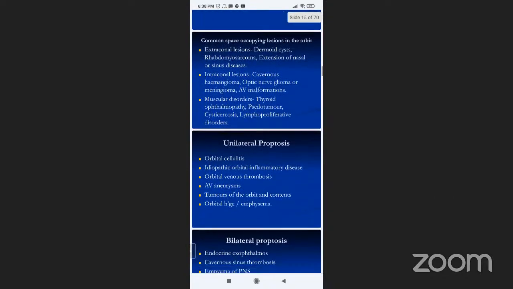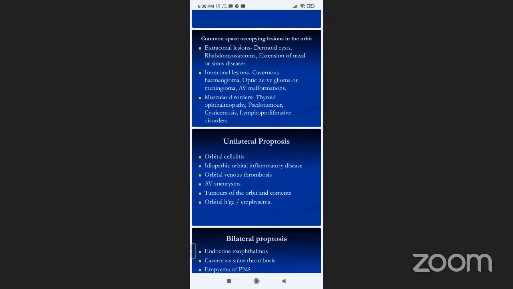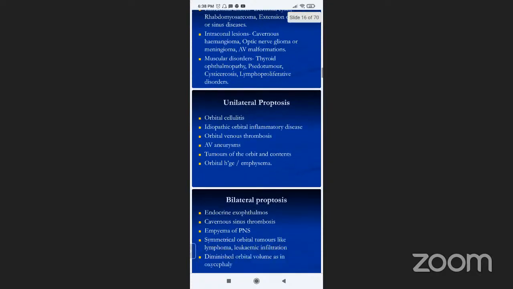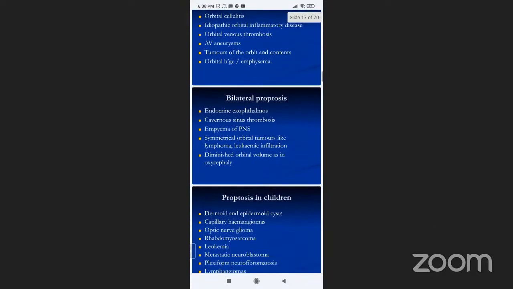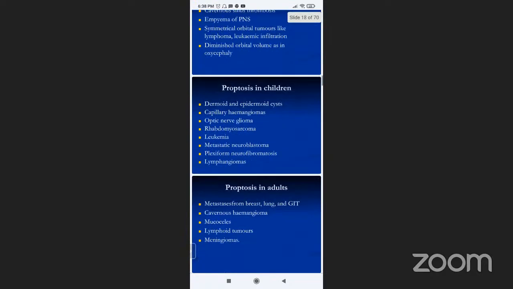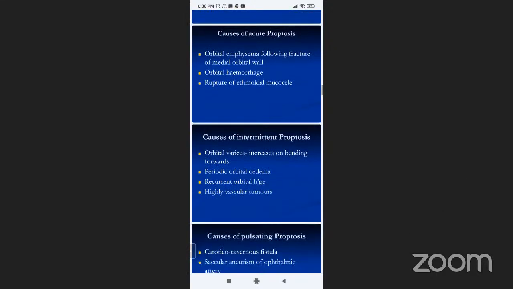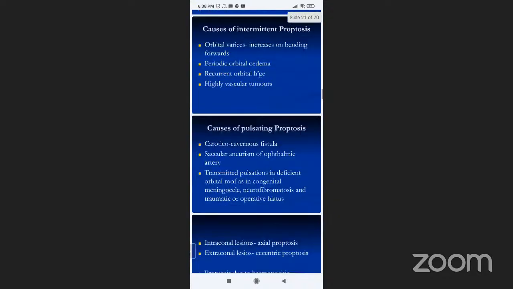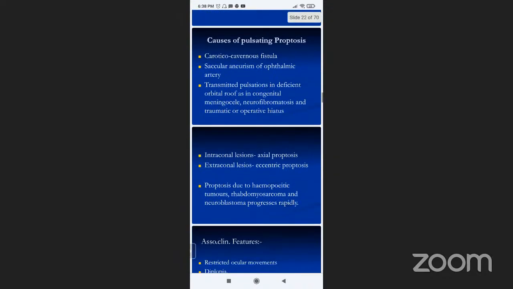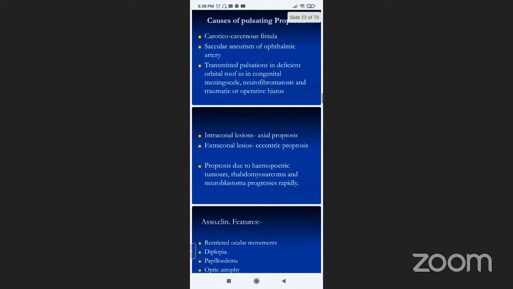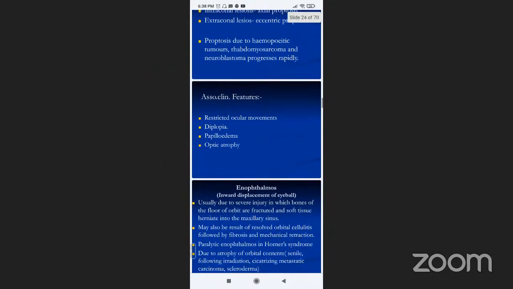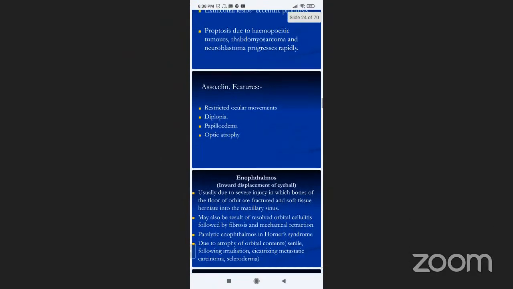Then what are the causes of unilateral proptosis and bilateral proptosis? Causes of proptosis in children and in adults. Which causes produce acute proptosis? Which conditions produce intermittent proptosis or pulsating proptosis? Then what is enophthalmos? What are the investigations we have to do in orbital diseases?